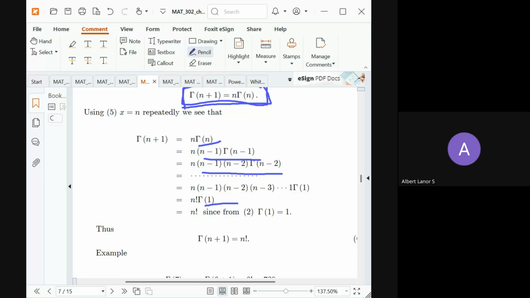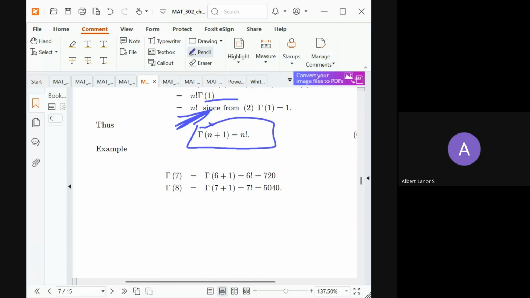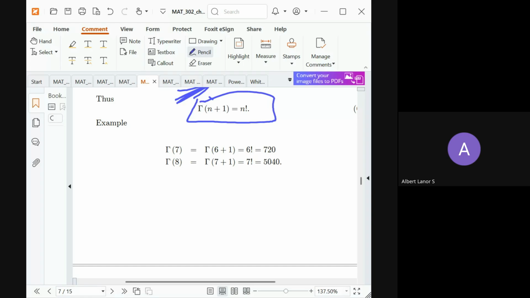Gamma of 1 is 1. So before you get that, you will have n factorial. So gamma of n plus 1 is n factorial. For example, if we want to find gamma of 7, we'll find 6 factorial.